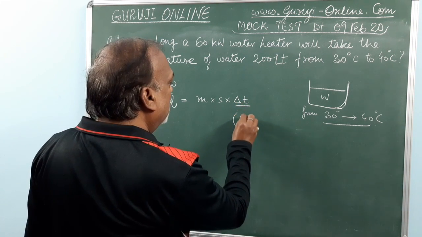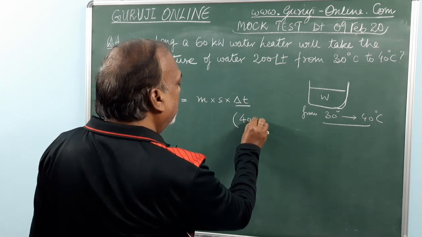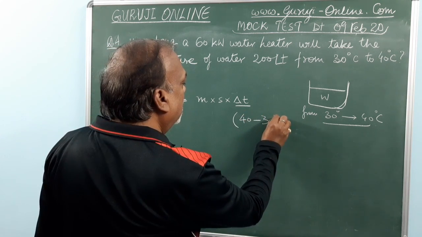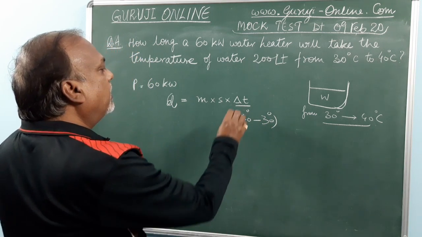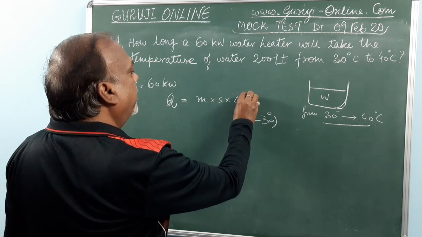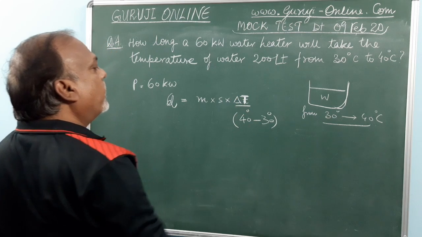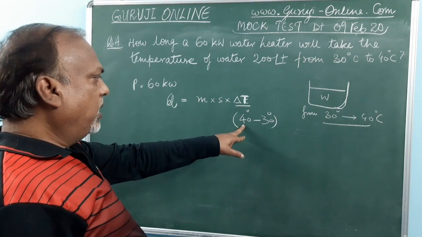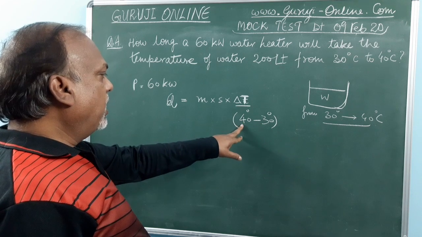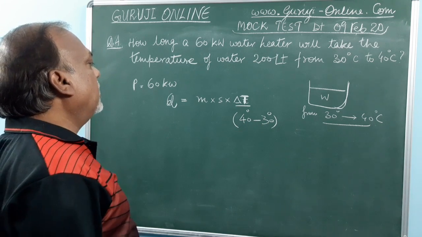That is 40 degree minus 30 degree, the final temperature minus the initial temperature.